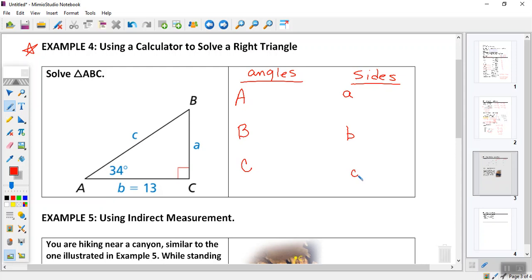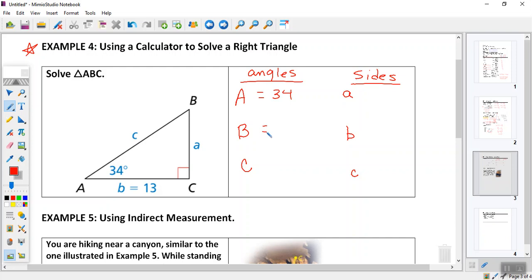Okay? Are there some things up there that we know already? Yeah. Let's talk angles first. What angles do we know? So A is how many degrees? B is? We don't know that yet, do we? We'll talk about how to figure it out. Do we know angle C down here?